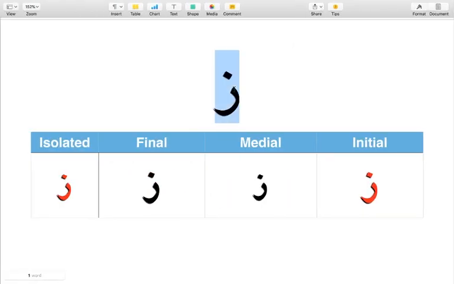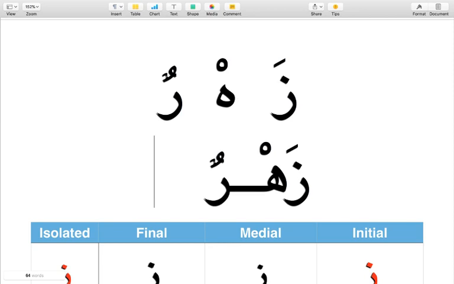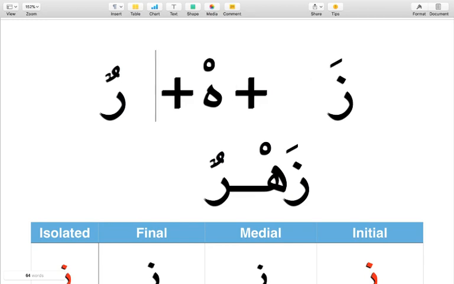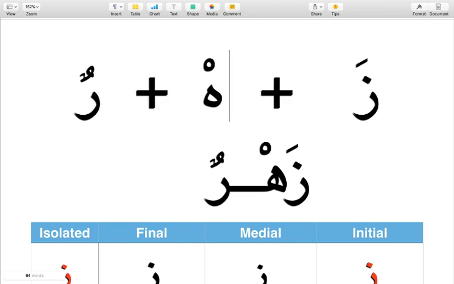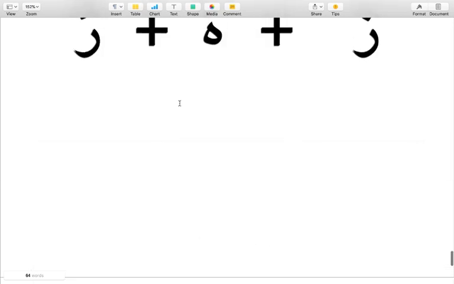So here it is. We'll just make it one page.